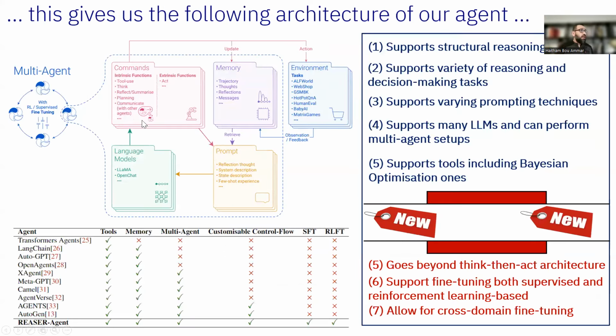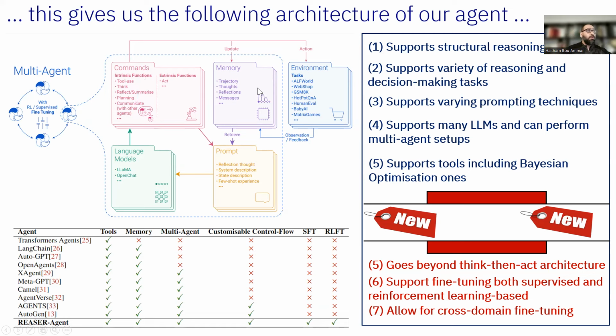And this led us to the development of our Pangu agent. This is an agent that has the following components. First, it supports multi-agent communication. It allows for RL and supervised fine-tuning. Each agent can have intrinsic functions, as we said, like a planning intrinsic function, a tool usage, a thinking intrinsic function, and of course, an extrinsic set of functions, which are like acting in the environment.